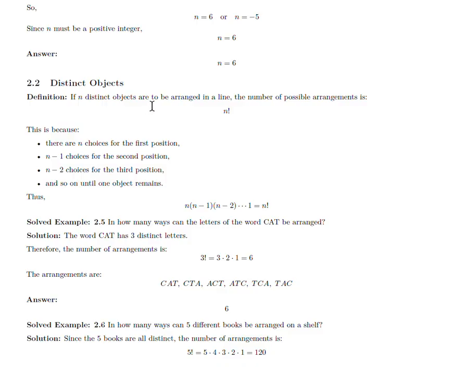If n distinct objects are to be arranged in a line, the number of possible arrangements is n factorial. That's straightforward.